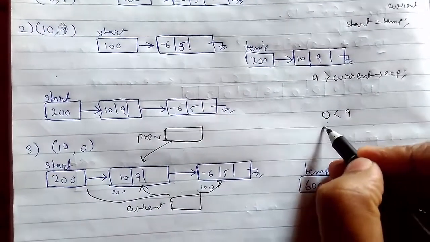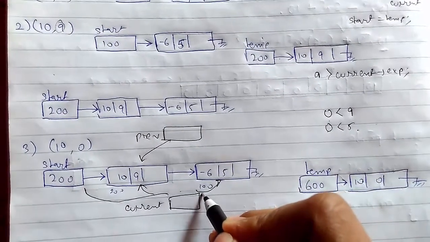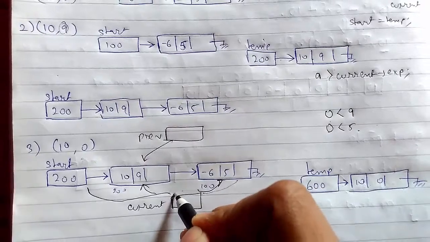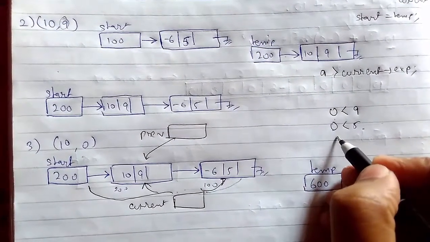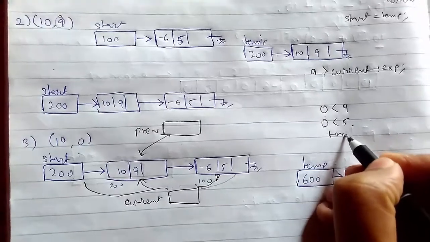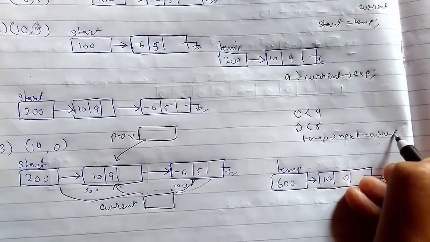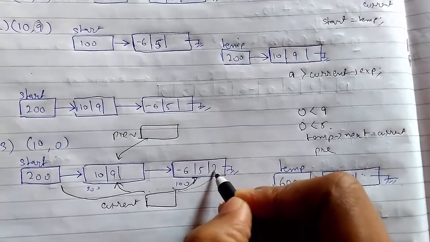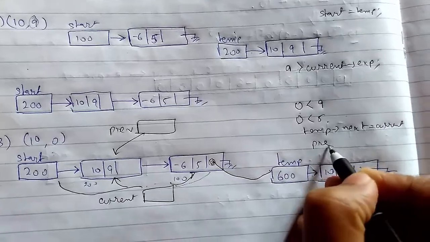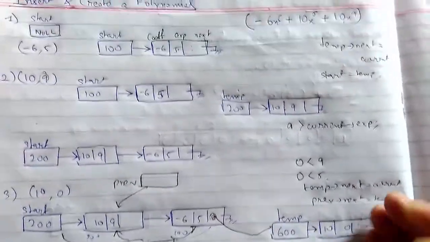Now again it will check whether 0 is less than 5. Yes, it will move forward. At the last it will come here, when there is nothing left. This is the key thing that will happen: temp arrow next is equal to current. It will get the value of current, and the next part of previous, this part here, will get the value of temp. Prev arrow next equals temp. This is the insertion of a node before a given particular key.